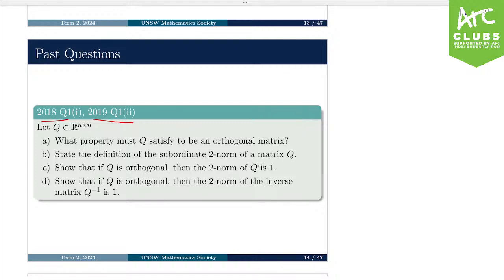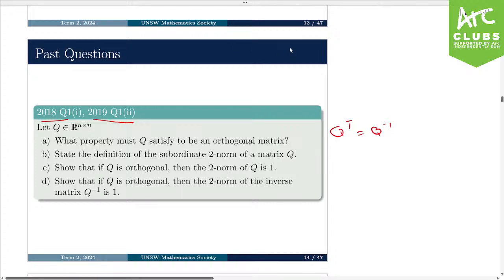Okay, so part A, what property must Q satisfy to be an orthogonal matrix? So orthogonal just means the transpose is the inverse. B wants us to state the definition of the subordinate 2 norm.